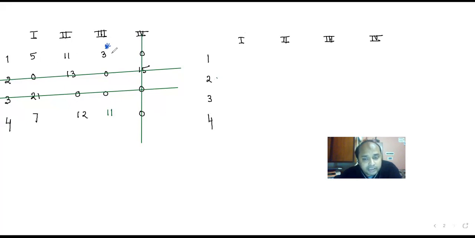So this minimum uncovered element is subtracted from all the uncovered elements, so we get 5 minus 3, that is 2. We get 11 minus 3, that is 8, and we are getting 0, and then we are getting 7 minus 3, 5, 12 minus 3 is 9, and 11 minus 3 is 8.